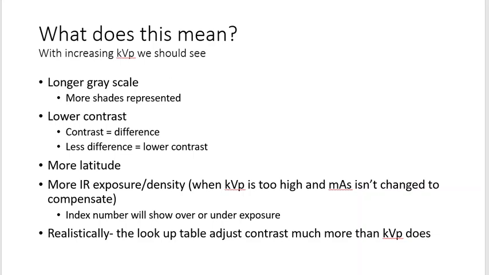This might be a little bit tough to wrap your mind around, but think of the word latitude. If I said that I'm going to give you a lot of latitude in your answers on test questions, that would mean I'm going to be less rigid in requiring a proper answer, right?